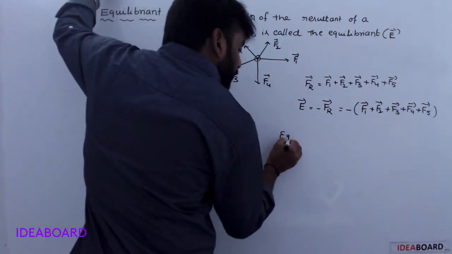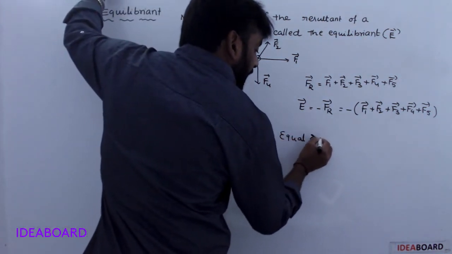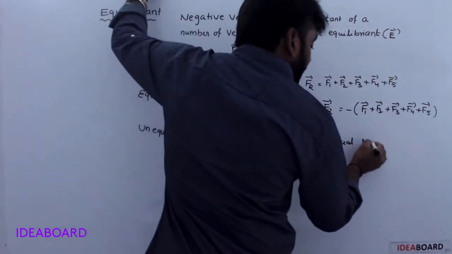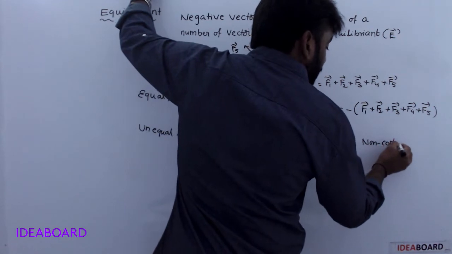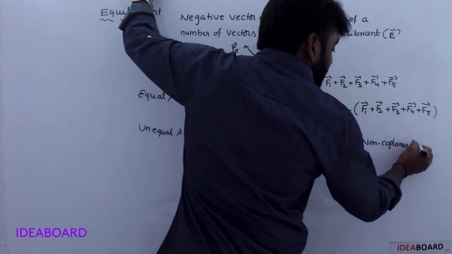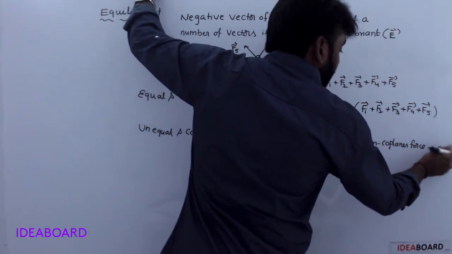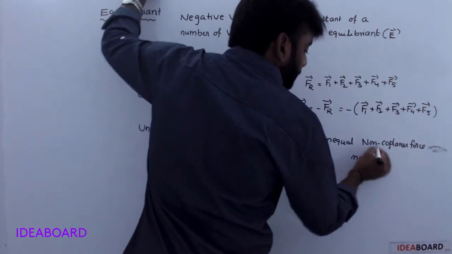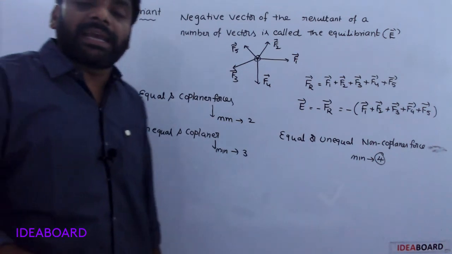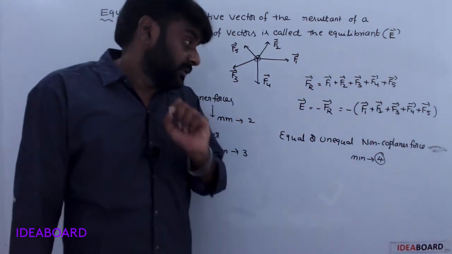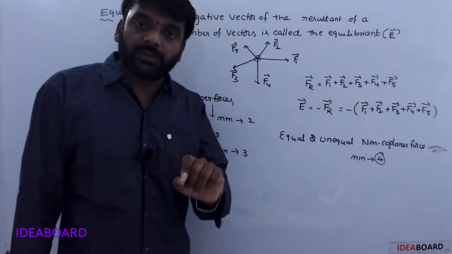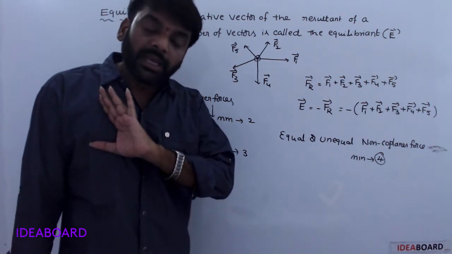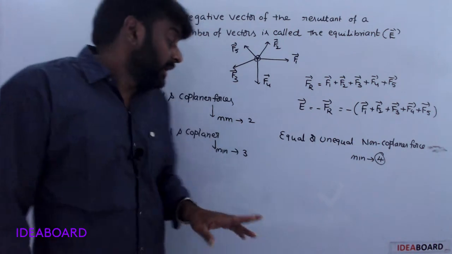Equal or unequal non-coplanar forces: minimum non-coplanar forces required is 4. A single force cannot keep the particle in equilibrium.